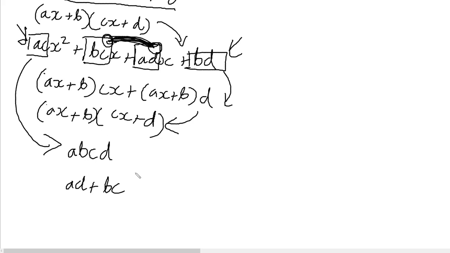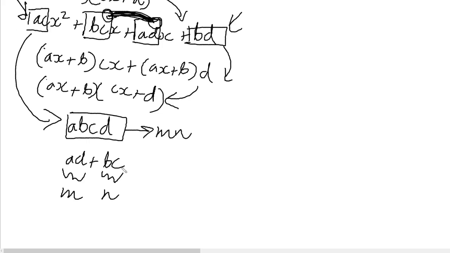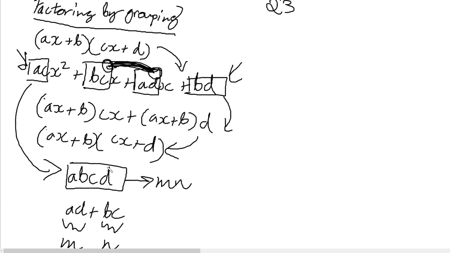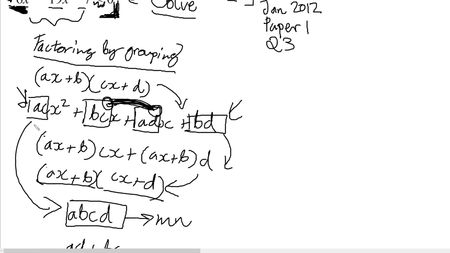So if we let AD be M and BC be N, and therefore this number goes to MN, even though finding M and N will tell us nothing directly about this, we can actually split this quadratic expression into sections made of M and N, from which it will be quite easy to factorize the linear terms out in the way that I've described here.